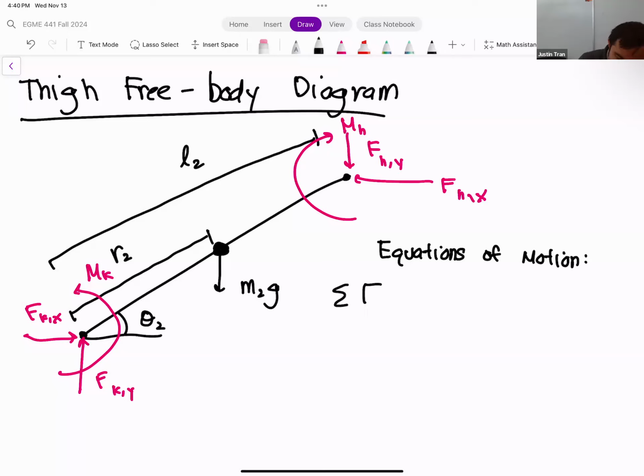Let's sum the forces in the x direction. That should be pretty straightforward. We only have two forces in the x direction here. We have FKX going in the positive direction, and then FHX going in the negative direction. And that's equal to the mass times the linear acceleration in the x direction of the center of mass. We'll compute that linear acceleration in a second.